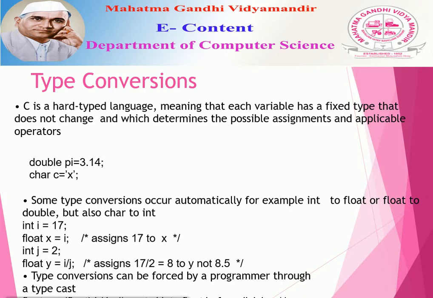Some type conversions occur automatically. In the above example of pi and c, the value 3.14 is a double, and x in single quotes is of character type. Some type conversions occur automatically, for example int into float or float to double, but also character into int.